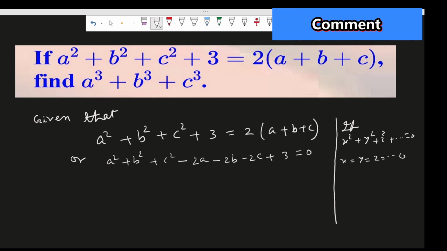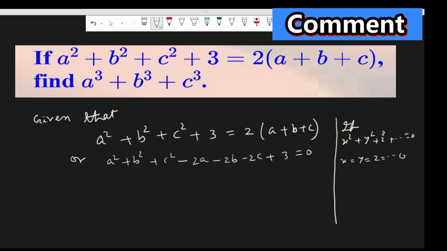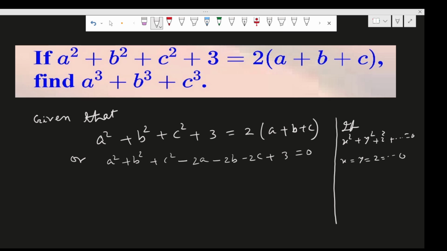See, if we consider a square minus 2a plus 1, that means 1 whole square, then there will be a whole square of an algebraic expression. So we write a square minus 2 into a into 1 plus 1 square, then we can write a minus 1 whole square.